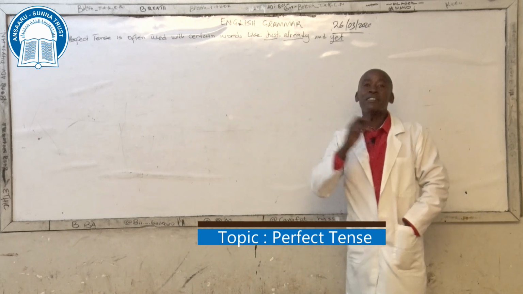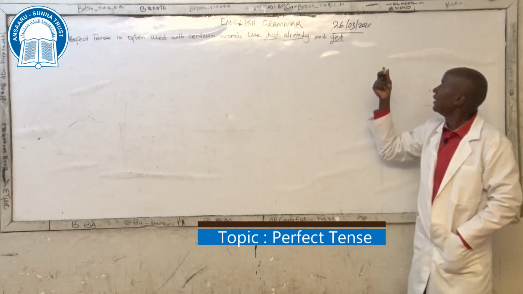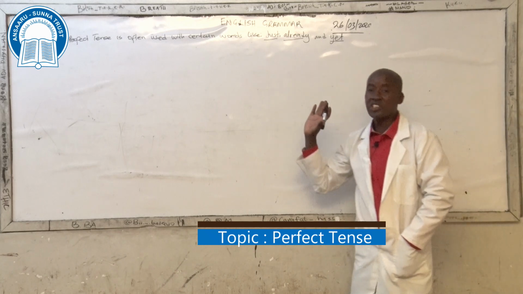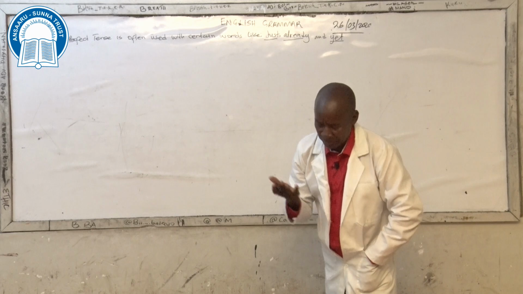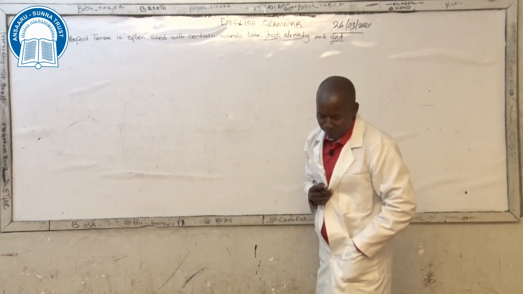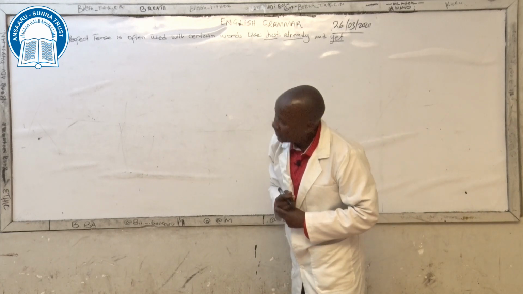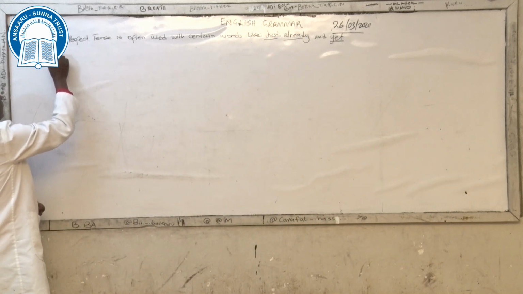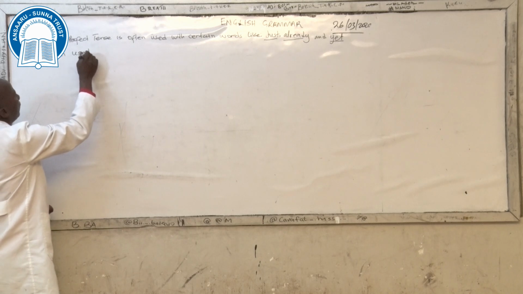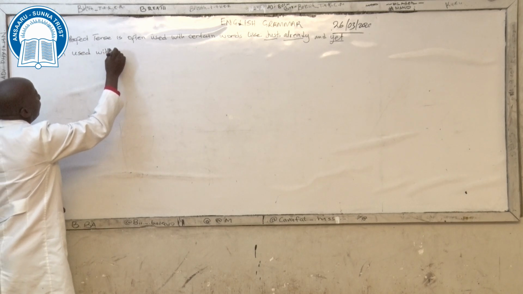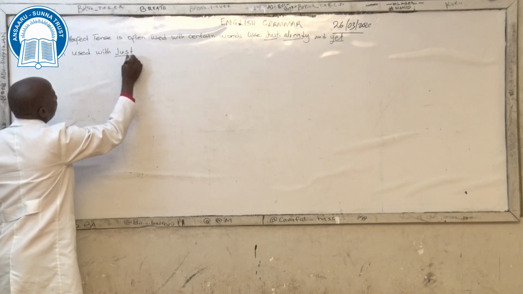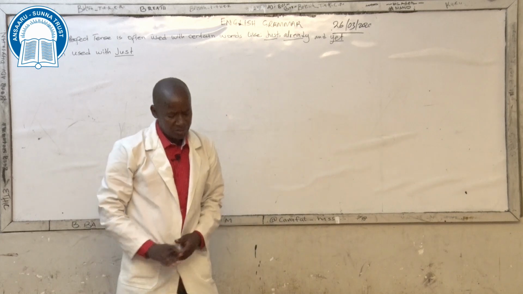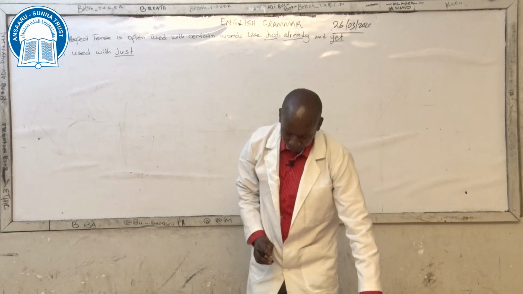We want to look at instances when these words are used and what meaning they connote, what they bring to us. So we look at the use of just. We'd probably write a sentence down and then have a look at it.